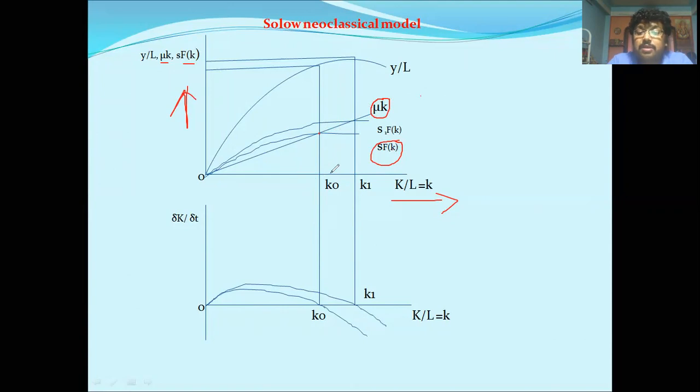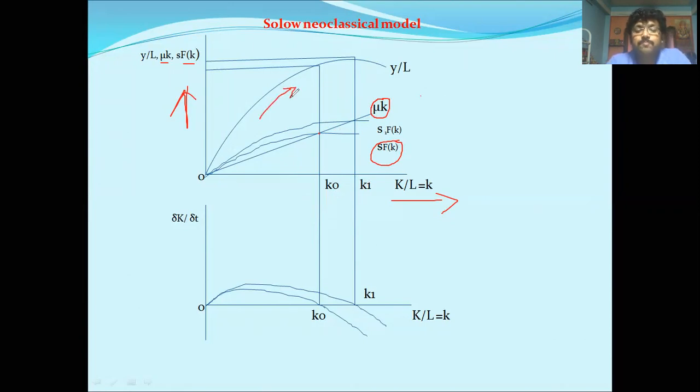There's a difference between the rate of increase in the capital per head and the rate of increase in the savings per head. Savings per head increases less than the capital per head. So for that reason, Y by L is increasing, but at a diminishing rate.